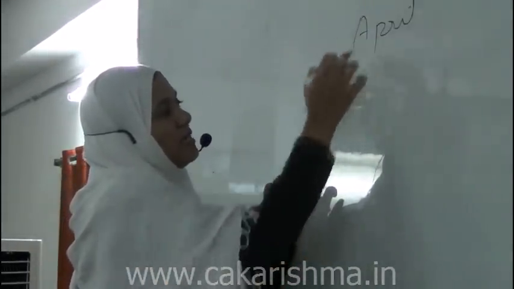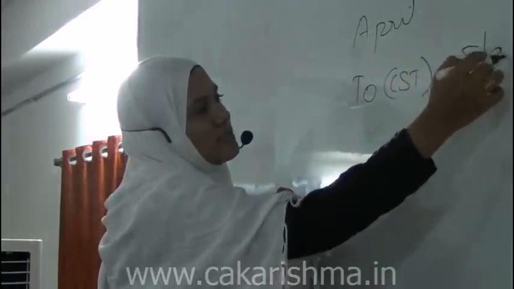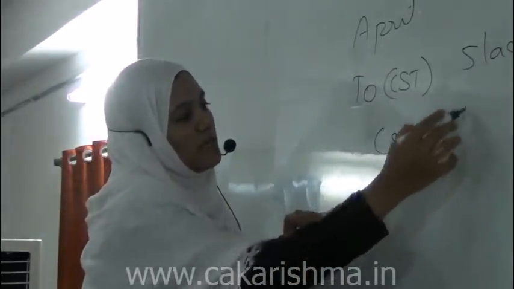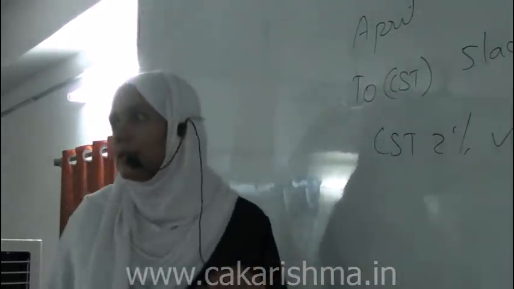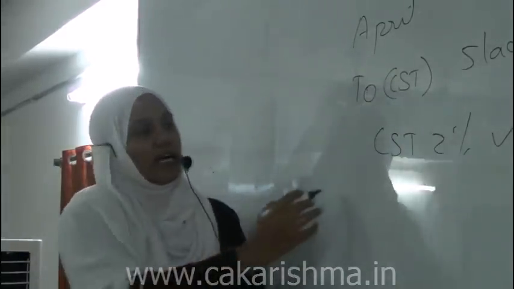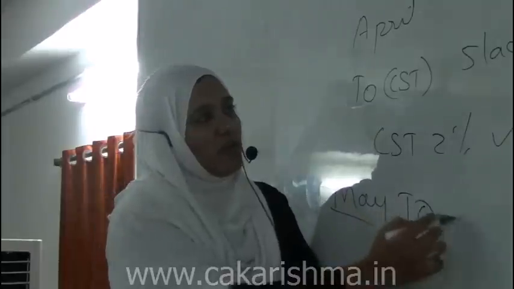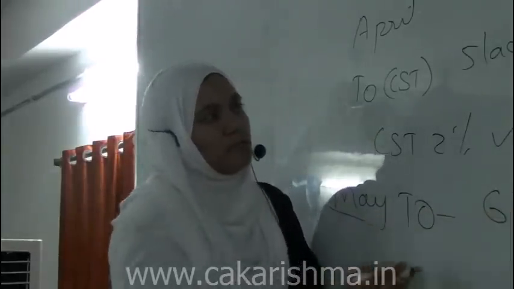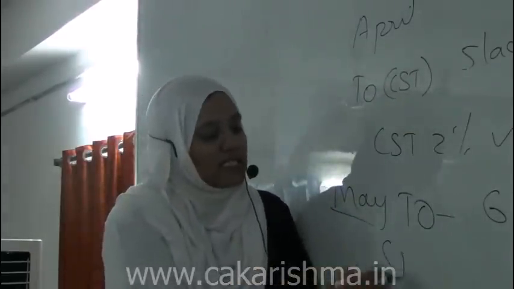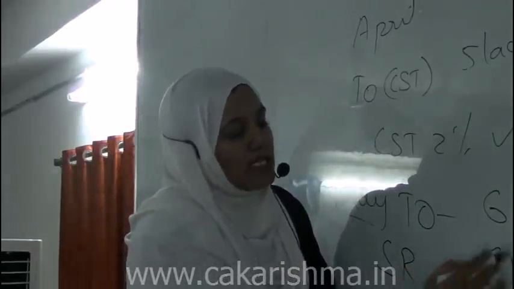In the month of April, we did a CST turnover of 5 lakhs, and on this CST was remitted at 2% to the government. But unfortunately, out of this 5 lakhs, in the month of May, we are doing further sales turnover of 6 lakhs rupees, but out of the previous sales of 5 lakhs, there is a sales return of 1 lakh rupees.